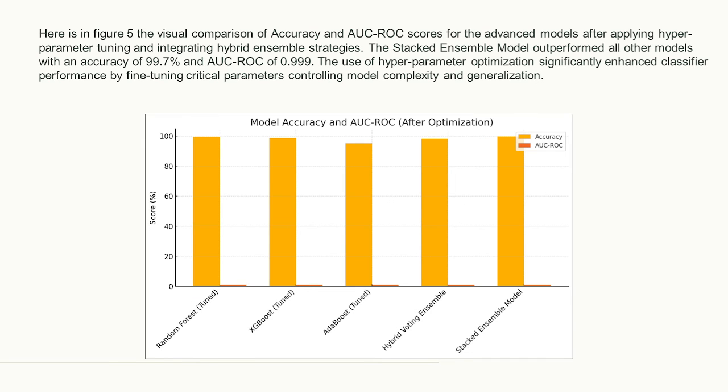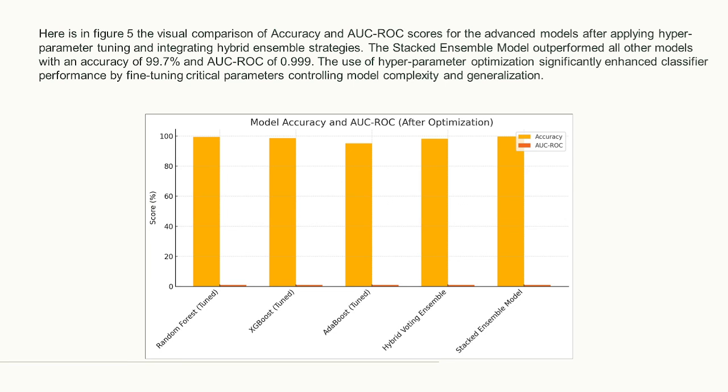In figure 5 here, we compare the accuracy and ROC scores for the advanced models after applying hyperparameter tuning and integrating hybrid ensemble strategies. The stacked ensemble model outperformed all other models with an accuracy of 99.7 and the ROC curve close to 0.999.